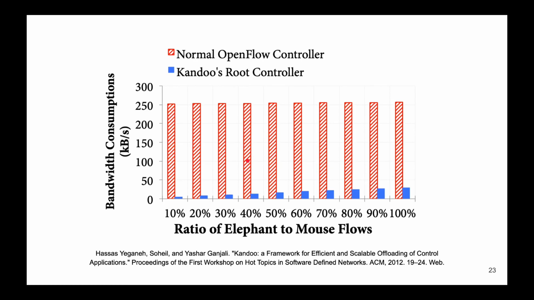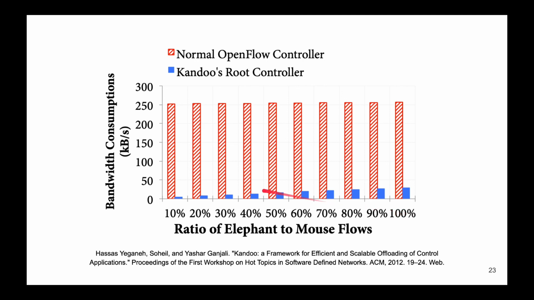And from that, they also found that the control channel consumption and the load on the central controller are considerably lower for KANDOO, even when all the flows are elephant.